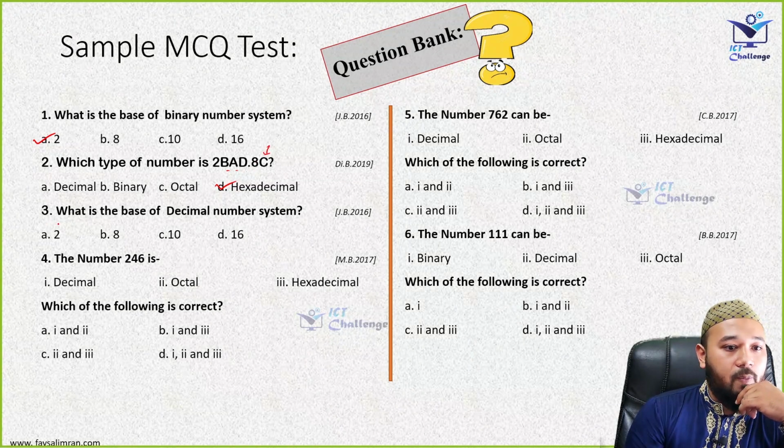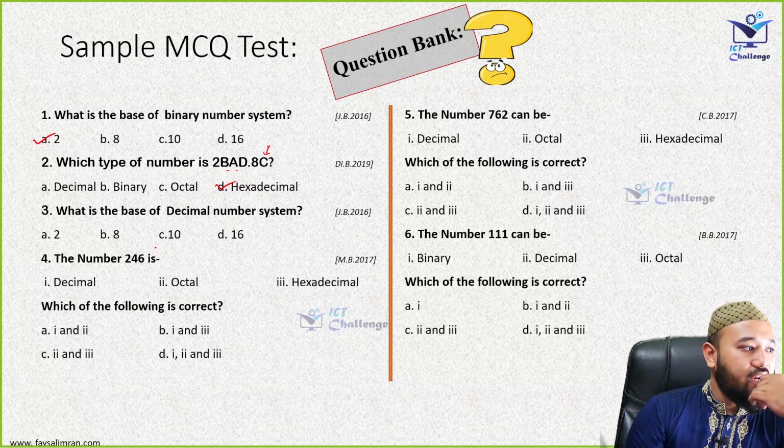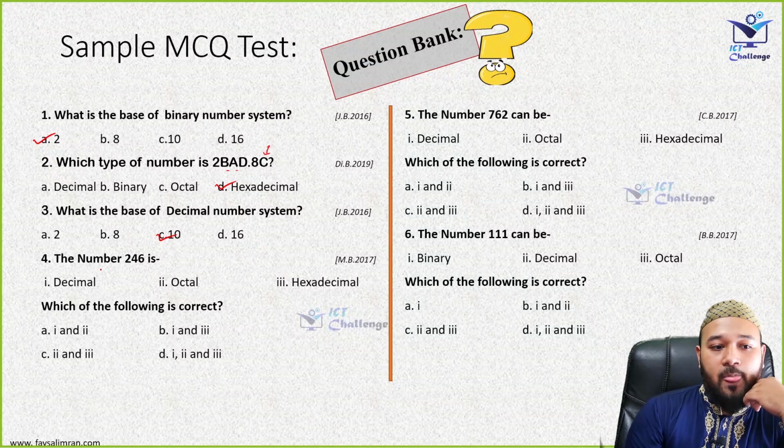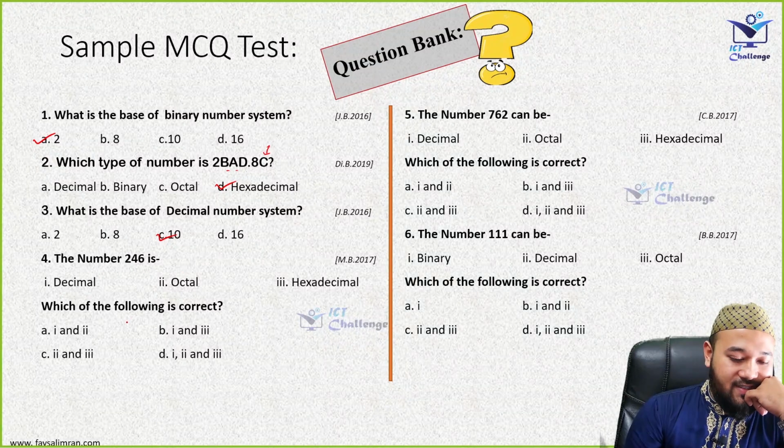Again, number 3. What is the base of the decimal number system? 10. It's 10. Okay. The number 246 is decimal, octal, or hexadecimal. What is this?